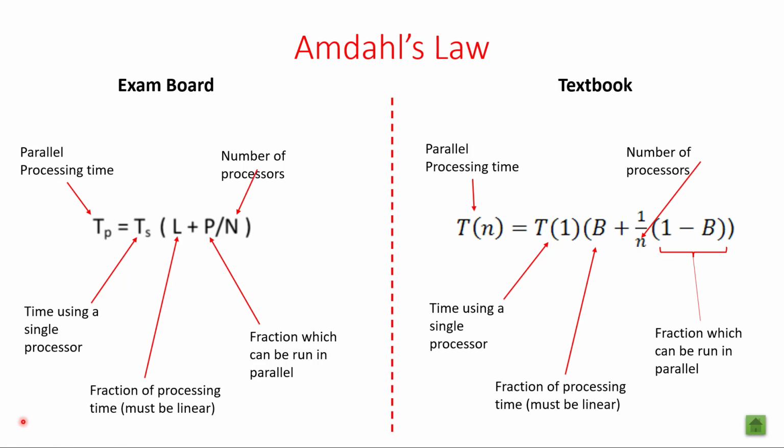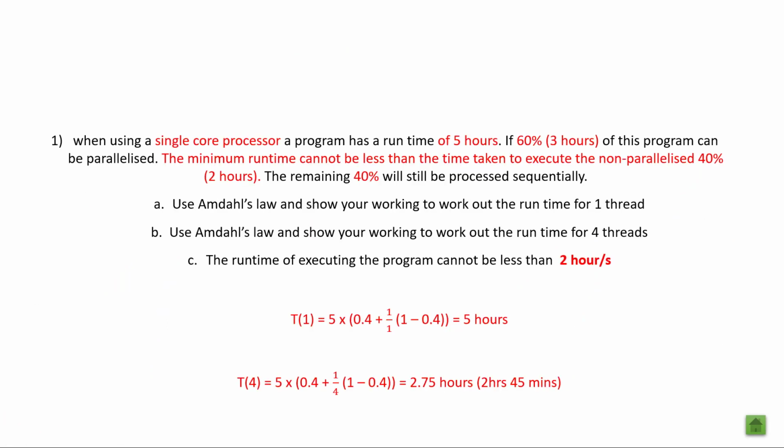Now, if you're interested in running an example, here's a scenario that I put together for you. When using a single core processor, a program has a runtime of 5 hours. So that's one single core takes 5 hours.